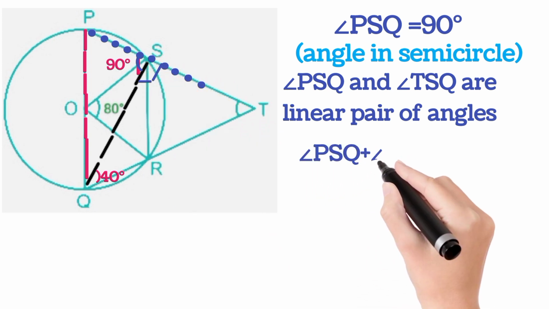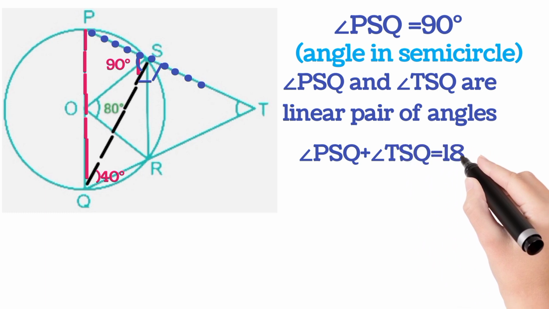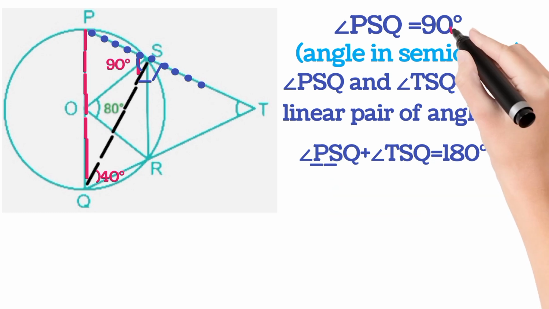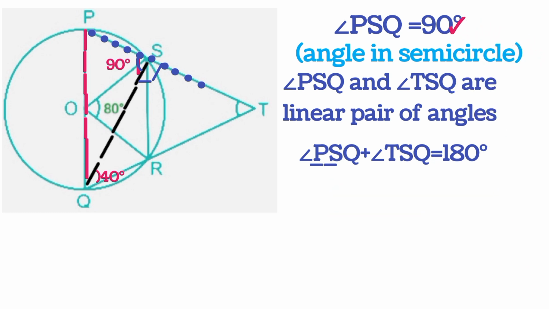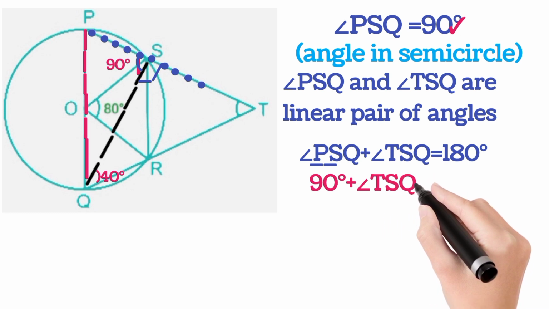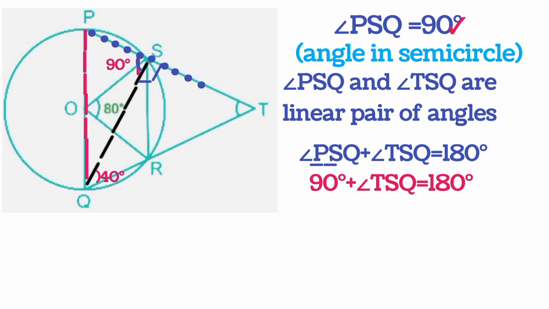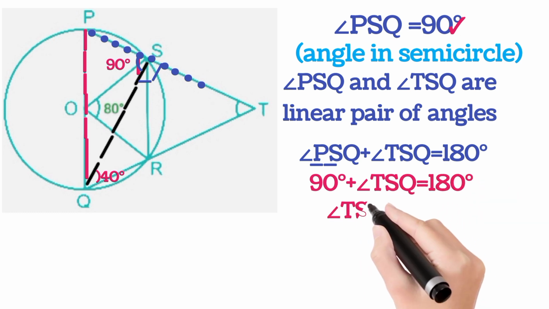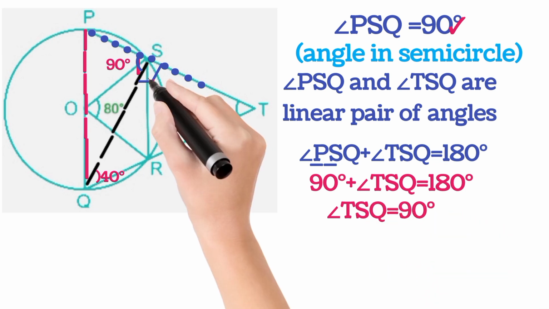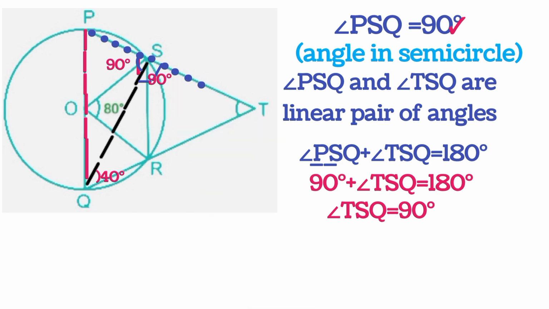So angle PSQ plus angle TSQ is equal to 180 degrees. PSQ is 90 degrees, so on substituting the value we get 90 plus angle TSQ is equal to 180 degrees, or angle TSQ is equal to 90 degrees. So this angle is also 90 degrees.